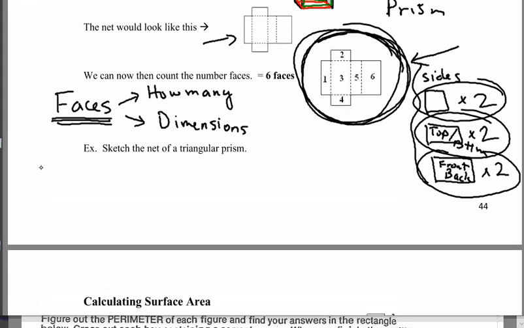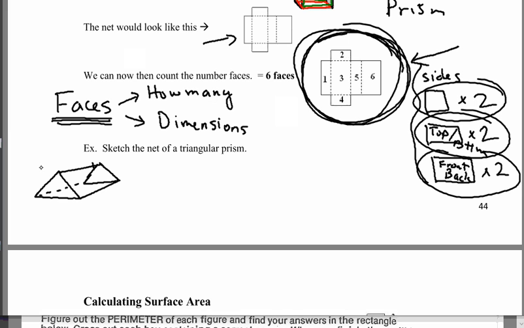So sketch the net of a triangular prism. Well, what would it look like? A triangular prism. We would have a triangle, we would have a congruent triangle, and we could then connect those pieces. There's the prism.